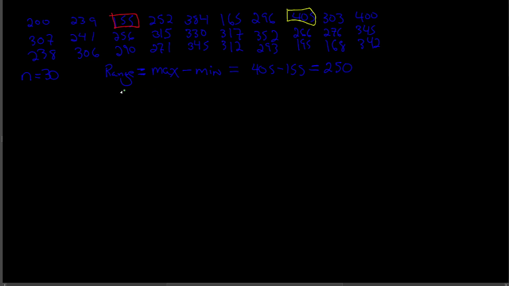And so we were told that the number of classes in the problem will be 7. So the class width is the range divided by the number of classes, or 250 divided by 7.